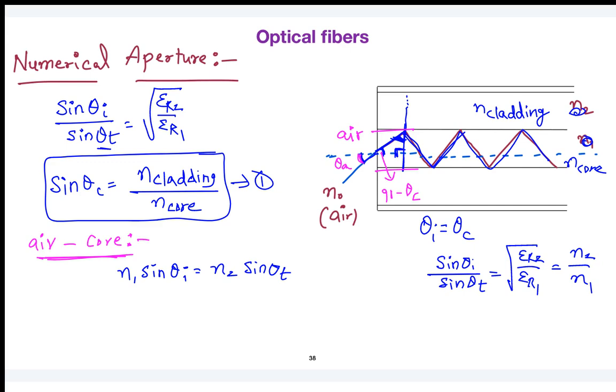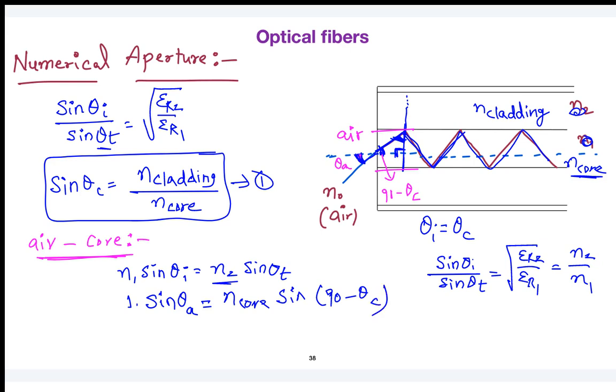So if this is 1, what is the angle of incidence you are getting? That is nothing but your acceptance angle theta a. So n2 is nothing but the refractive index of the core. So n core into sine of, what is your transmitted angle here? This is nothing but your 90 minus theta c.